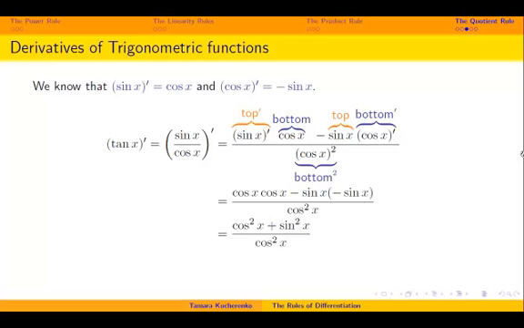According to the Pythagorean theorem, cosine squared x plus sine squared x equals 1. And 1 divided by cosine squared x is secant squared x. Therefore, the derivative of tangent x is secant squared x.